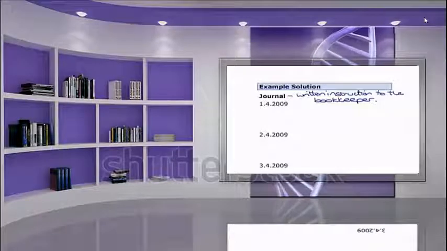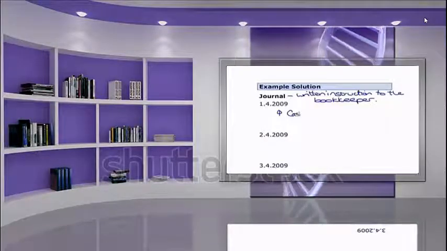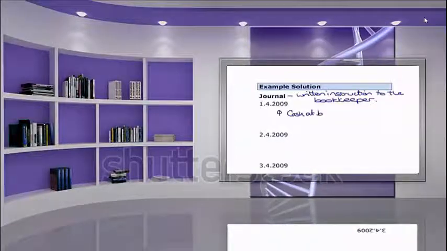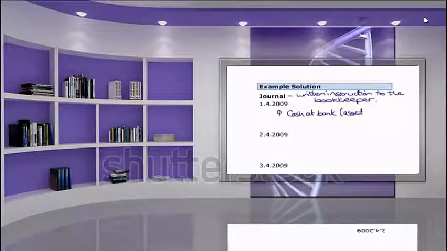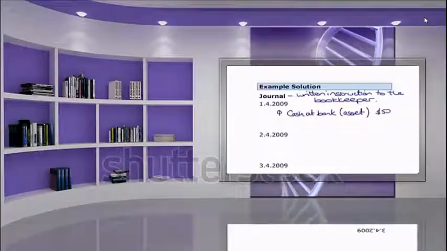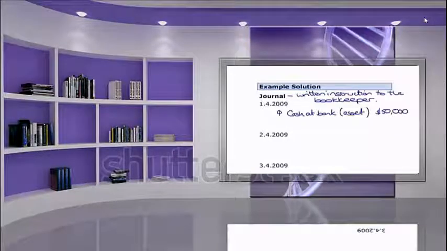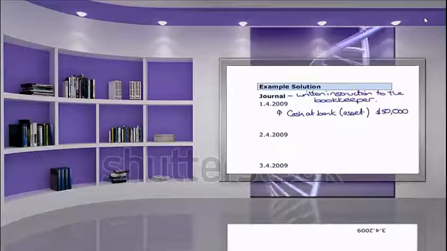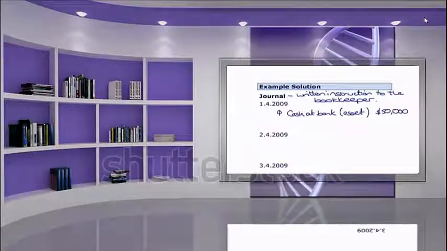So let's write that down. Increase in cash at bank, and I'll just put in brackets there an asset, $50,000. So an increase in cash at bank asset, $50,000.